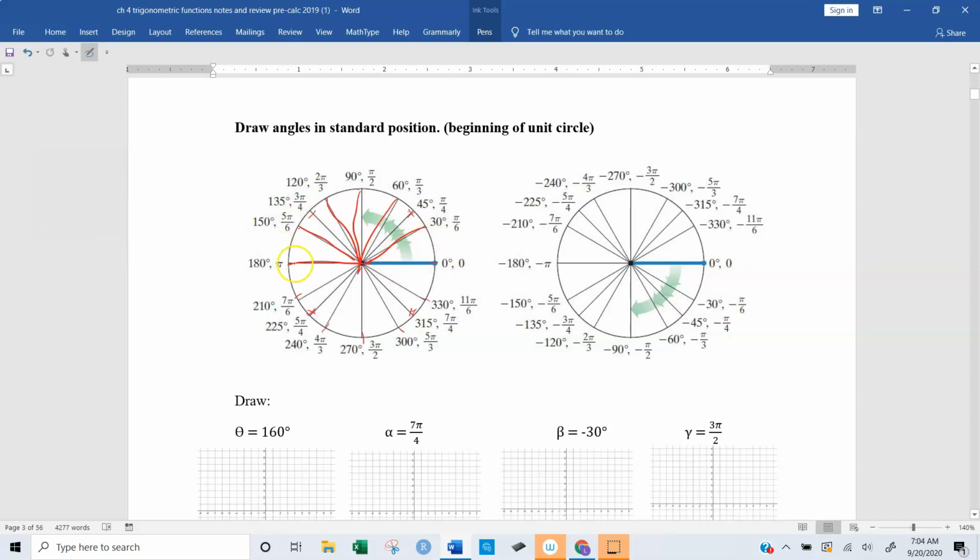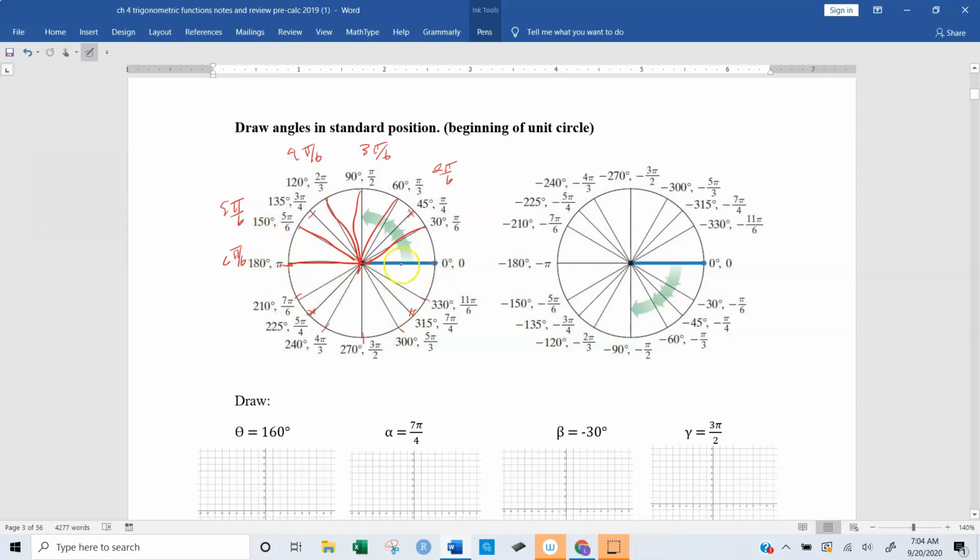So this is dividing pi into 6 equal sections. So here I have 1 pi over 6. Here I have 2 pi over 6, which reduces to 1/3. Here is 3 pi over 6, which reduces to 1/2. Here is 4 pi over 6, which reduces to 2/3. 5 pi over 6 and 6 pi over 6. See how nothing goes? And then you just continue.